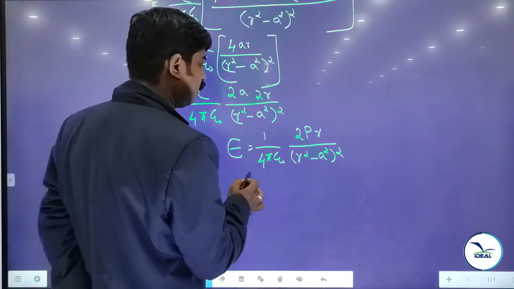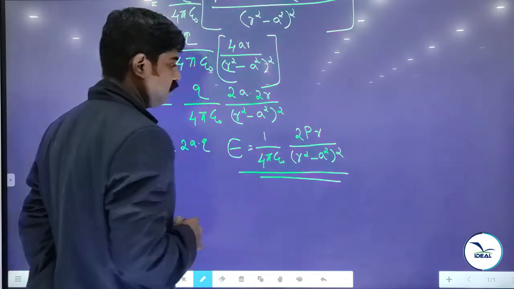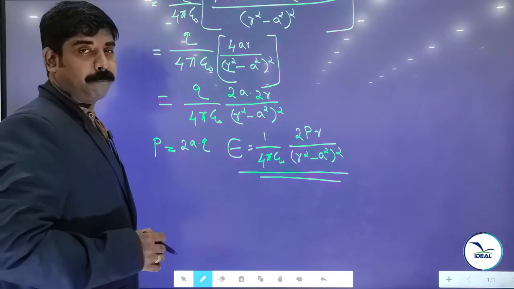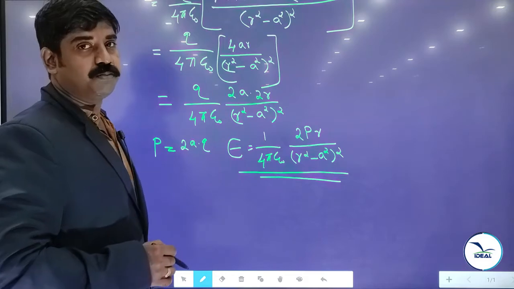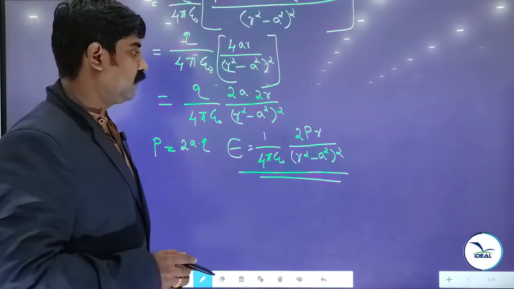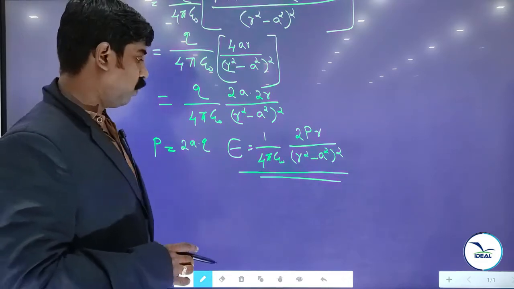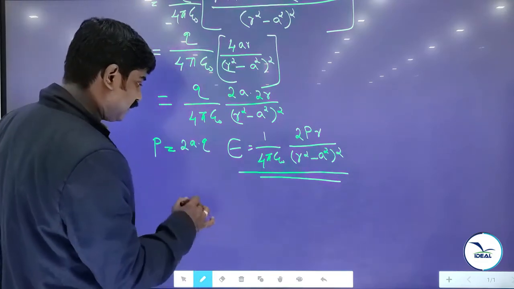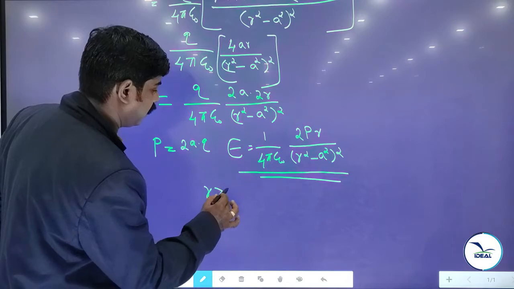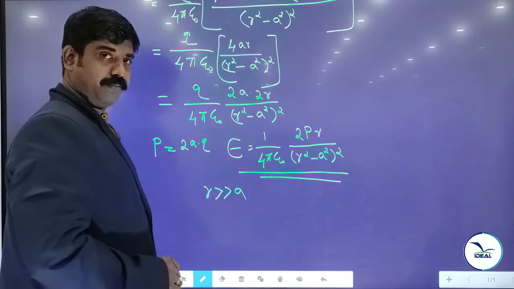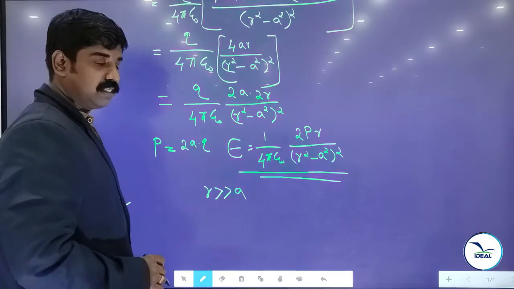Actually the electric field we got like this, but we know that a is very small when we are comparing that to r. So a is very small, or we can say that r is very much greater than a. Therefore we can neglect that a.